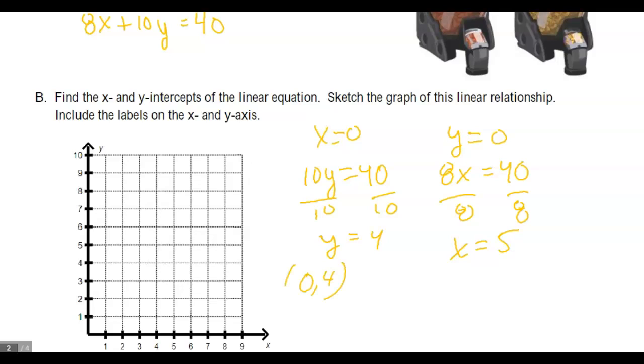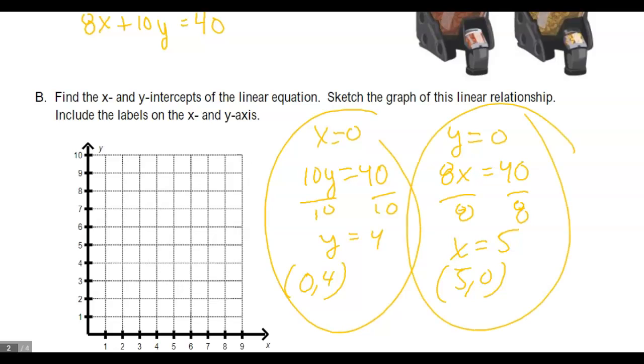So I have intercepts of (0, 4) and (5, 0). What does that mean? That means if I only bought this one, I could buy 4 pounds. If I only bought this one, I could buy 5 pounds. So we go (0, 4), and (5, 0).